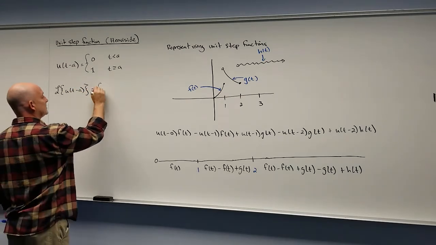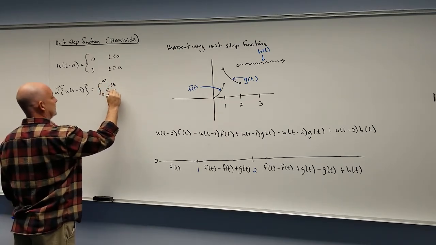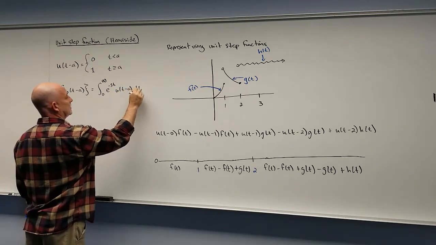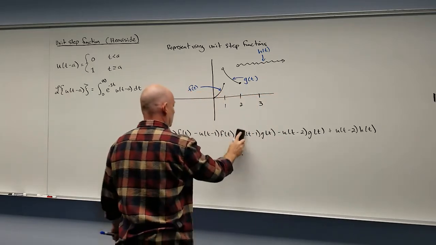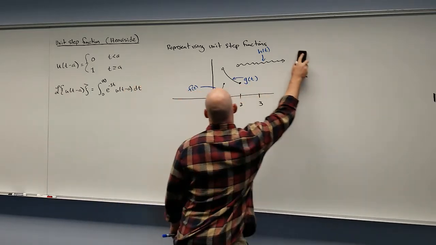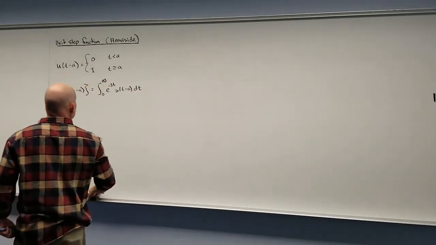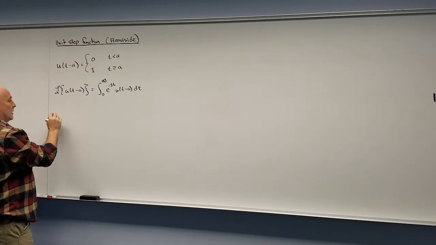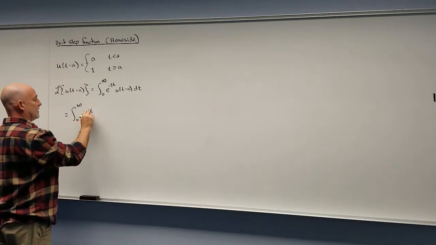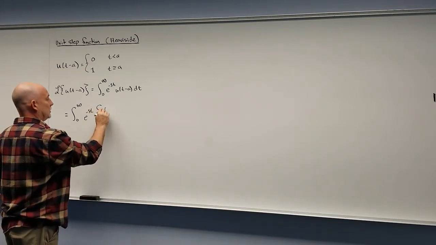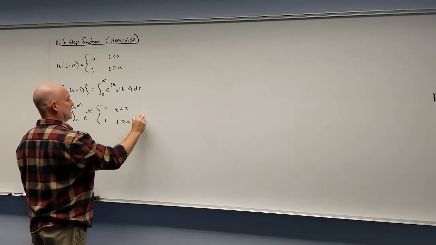Well, by definition, this is the integral from 0 to infinity, e to the negative st, f of t, dt. So this is going to be the integral from 0 to infinity, e to the negative st, times 1 or 0, for t less than a, t greater than a, dt.